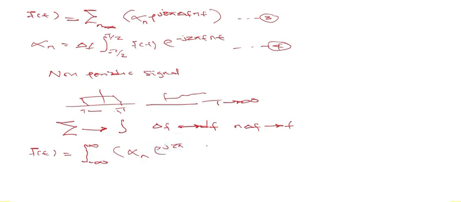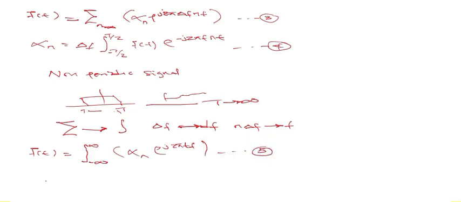Here we have the change in f and n. We said the change in f is going to be t, so we have tf, or ft, which is still the same.